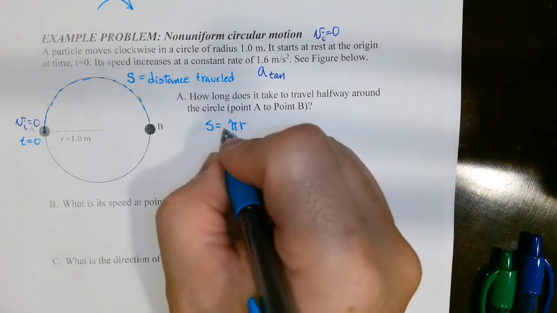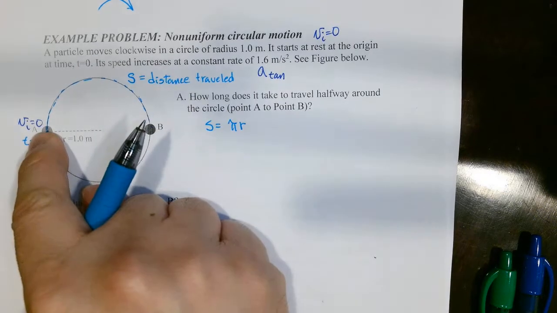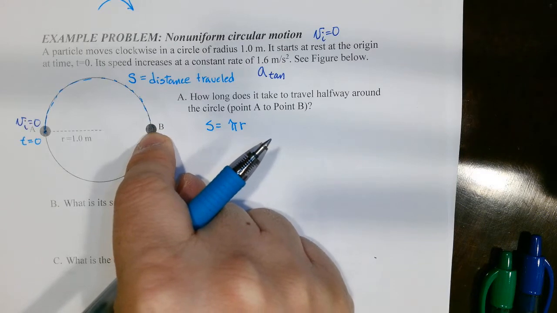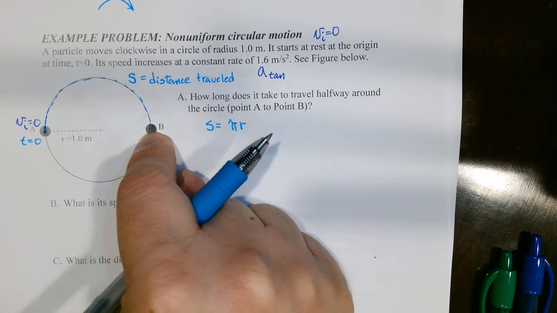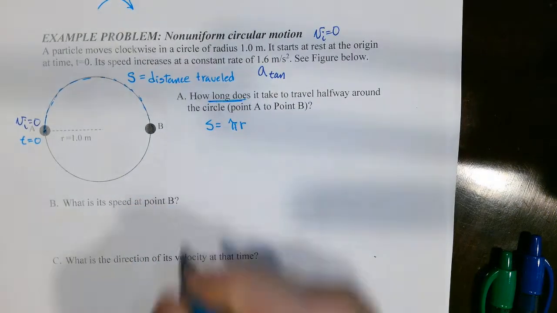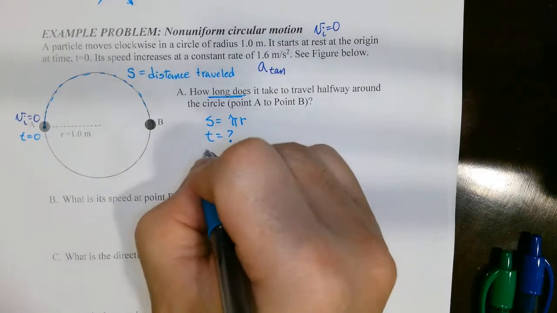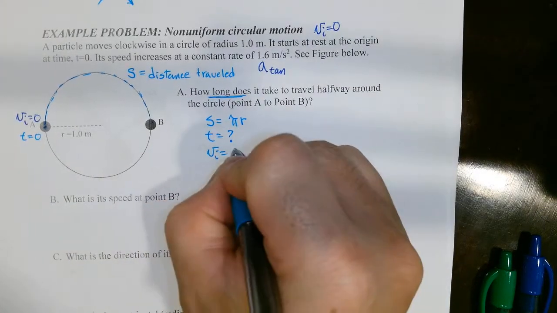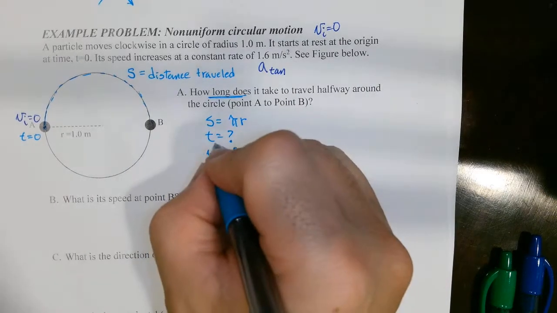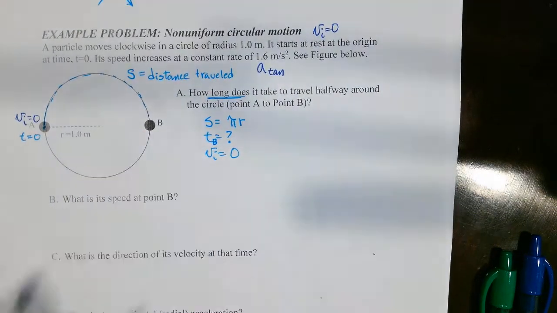Well, it travels this much distance starting at 0, finishing, we don't know. Right? They want to know how much time. How long, I guess they want to find time. We know initial velocity or initial speed is 0, right?